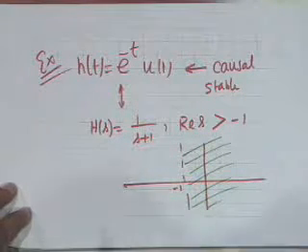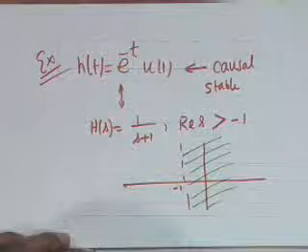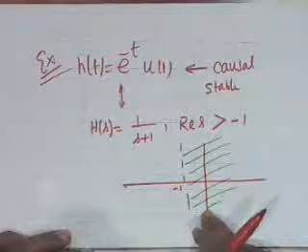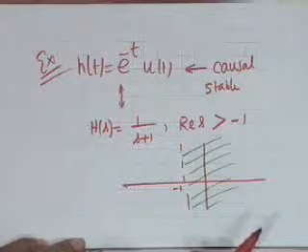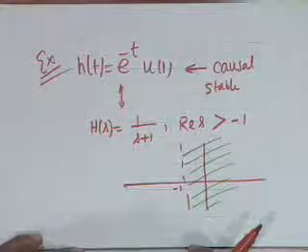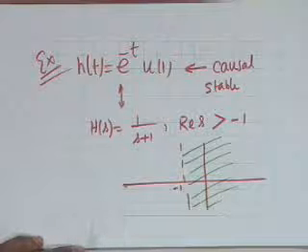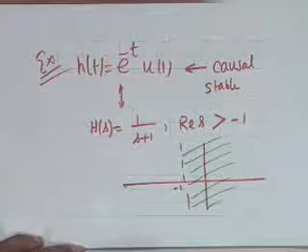Now can you say whether it is stable and causal from this diagram? It is stable because it includes the j omega axis. What about causality? How do you know?